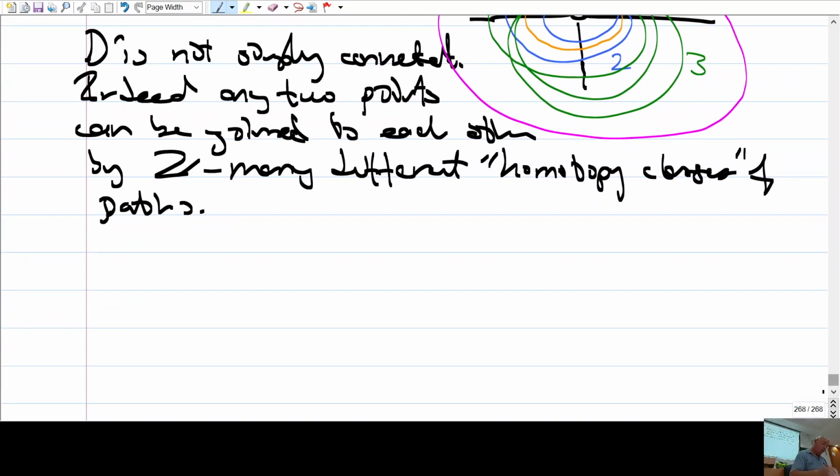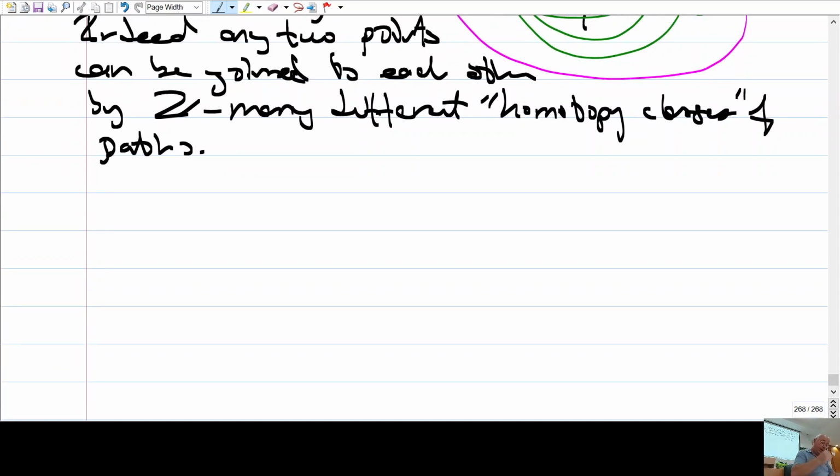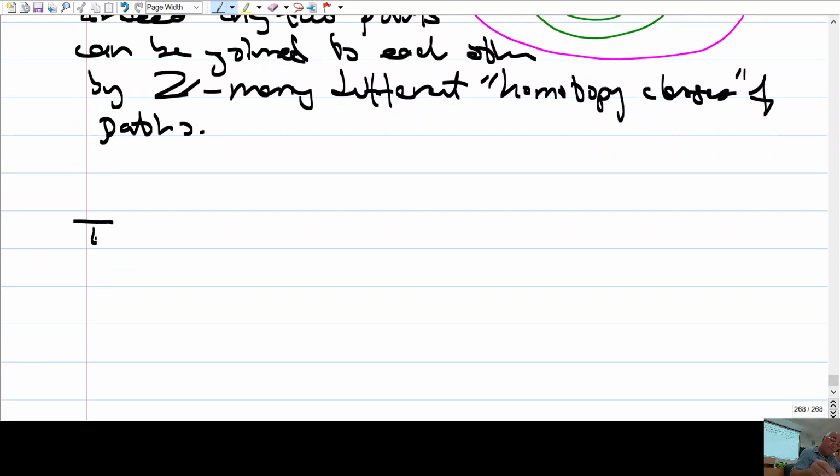Okay. Now we have this theorem about conservative fields. It is called independence of path.